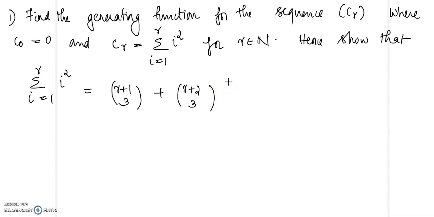So first of all, let us find the generating function for the given sequence CR. What we need is that C0 must be 0 and CR is summation i equal to 1 to r of i square. Okay, so let us start with the sequence AR.